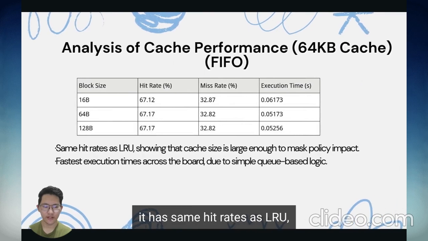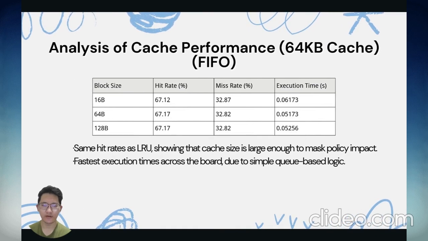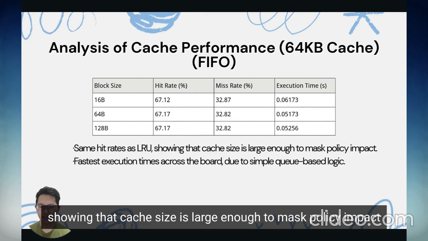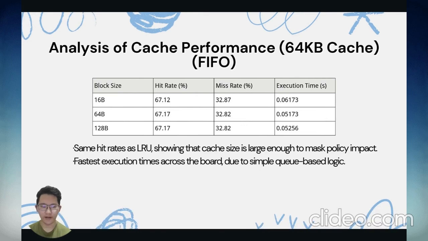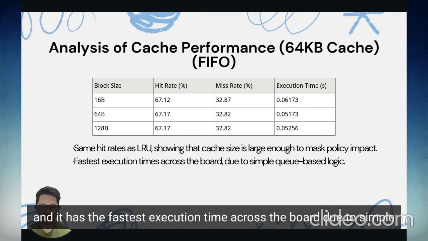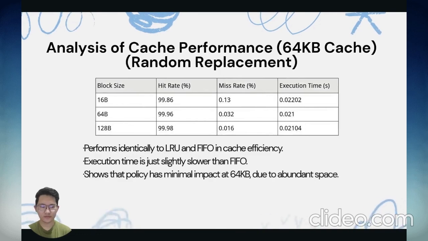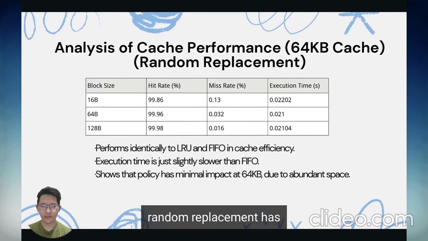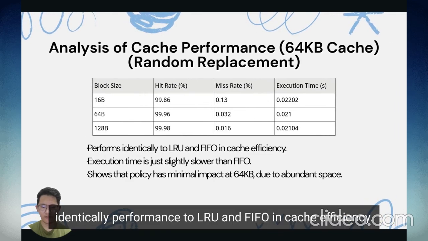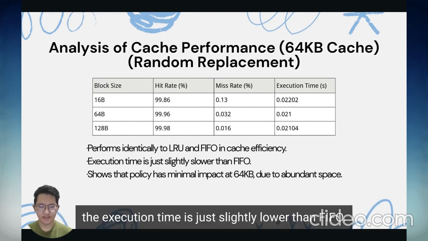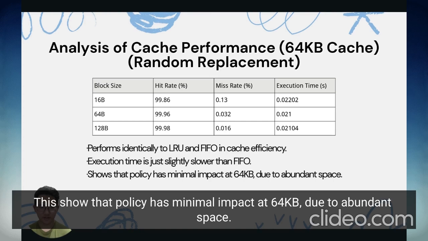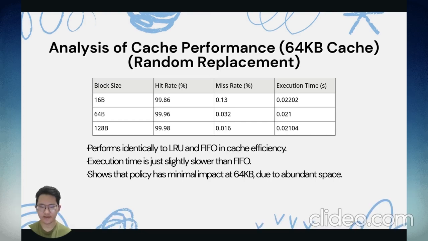FIFO has the same hit rate as LRU, showing that cache size is large enough to mask policy impact, and it has the fastest execution time across the board due to simple queue-based logic. Random replacement has identical performance to LRU and FIFO in cache efficiency. The execution time is just slightly higher than FIFO. This shows that policy has minimal impact at 64 KB due to abundant space.